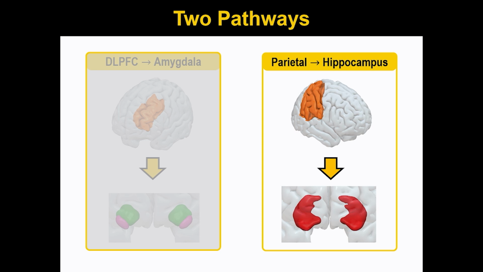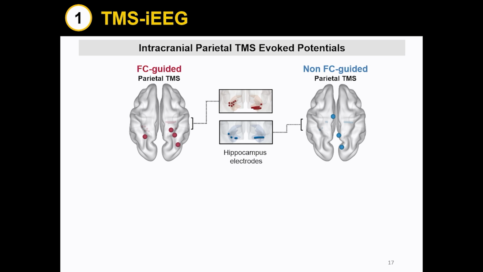Next, I will also highlight some main findings for our second neural pathway. We used the concurrent TMS-iEEG to deliver TMS to the parietal area in two subject groups. In the first subject group, we delivered FC-guided parietal TMS.